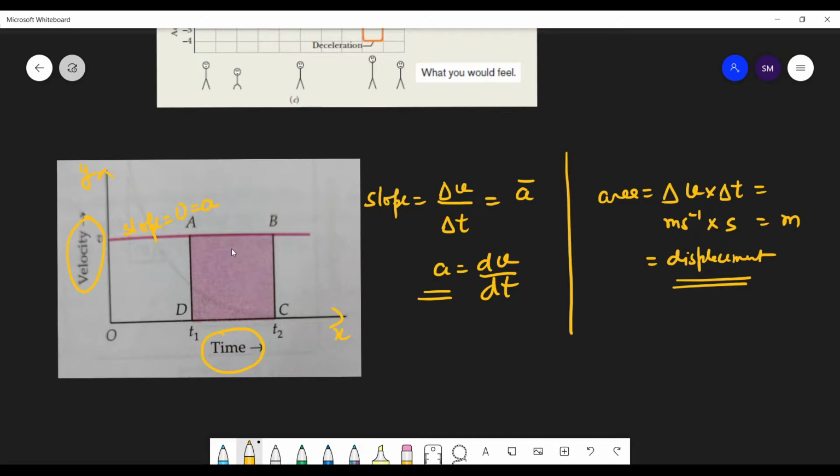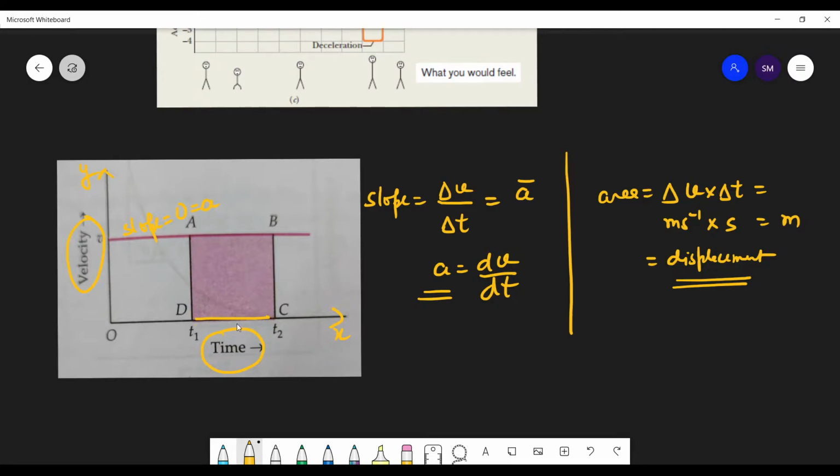Okay. Now what is the displacement? Suppose I want to find out the displacement between this time and this time. So obviously velocity into time is the displacement.